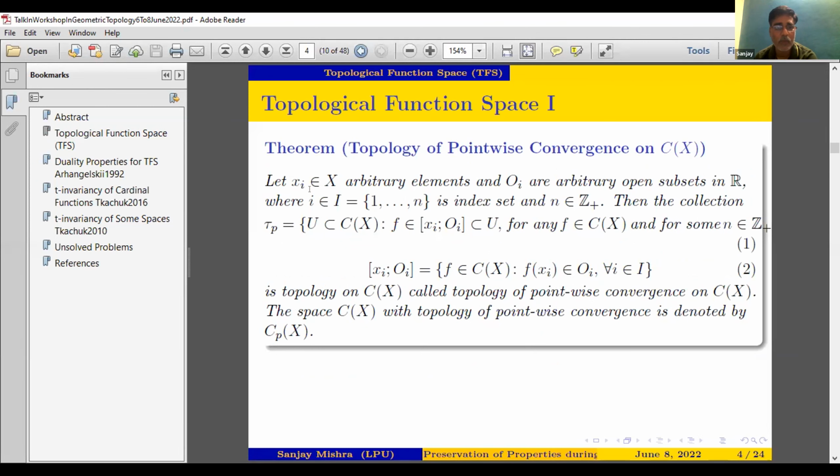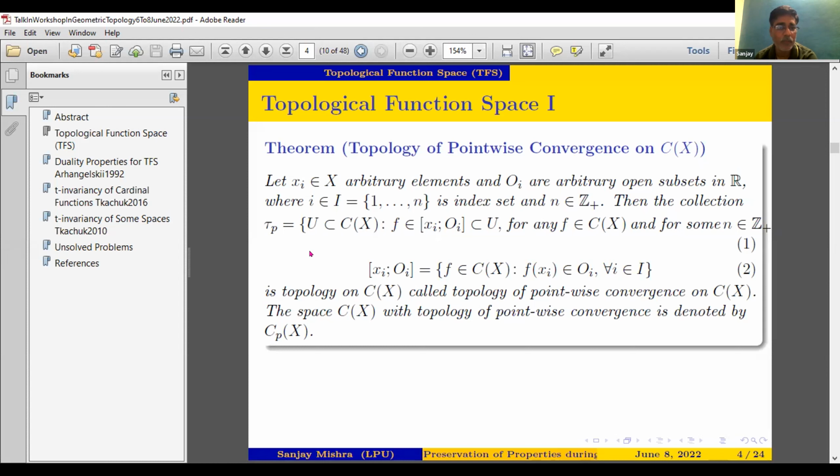Here, x_i is any arbitrary element of X, and O_i is an arbitrary open subset in R, where i belongs to the index set I, and n belongs to the set of positive integers.